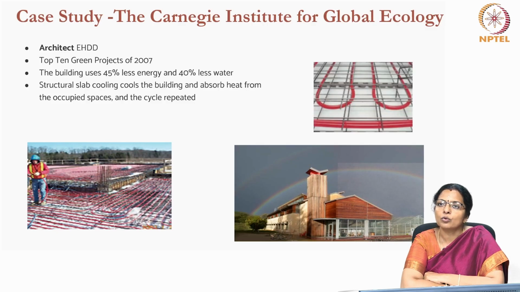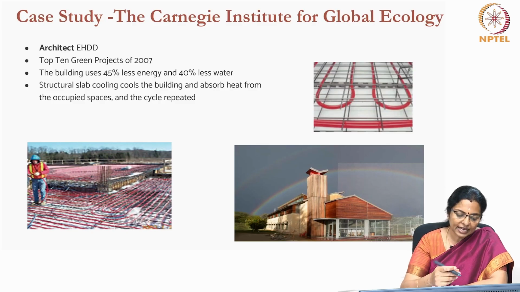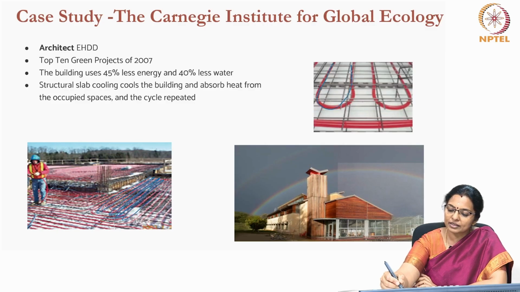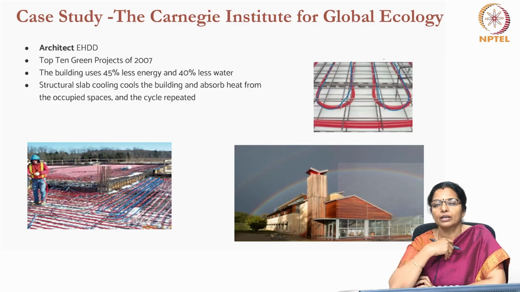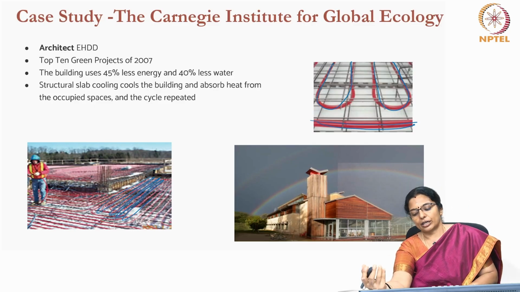Structural slab cooling cools the building and absorbs heat from the occupied spaces, and the cycle gets repeated. You can see in the slab how these tubes are embedded. Through these tubes cool water passes and the slab is able to absorb the chillness of the cool water, which is then radiated to the room.